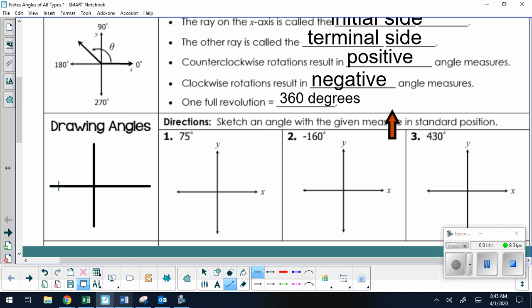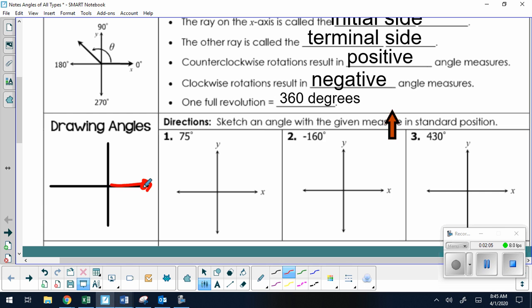A more technical term is the quadrantal angles, but that's hard for me to say. So I'm going to call them the four corners. In each of these cases, we are talking about starting on the positive x-axis. We're talking about starting right there, okay?